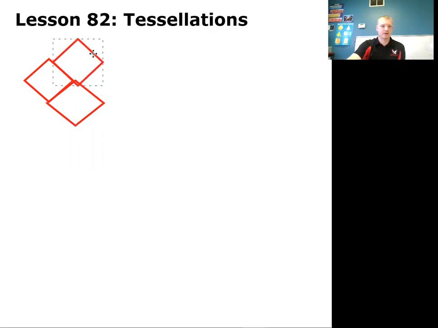So here's my attempt at making a tessellation out of these quadrilaterals. It's not looking so good so far. Hopefully you guys are going to do better than me at this. Cool.